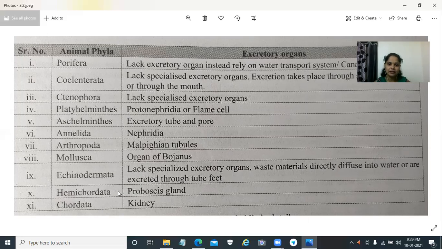Now in Hemichordata, there is a proboscis gland which acts as an excretory organ, and in Chordata, which show bilateral symmetry, the kidney acts as the main excretory organ. So this is a comparative study of the phyla and their different excretory organs.